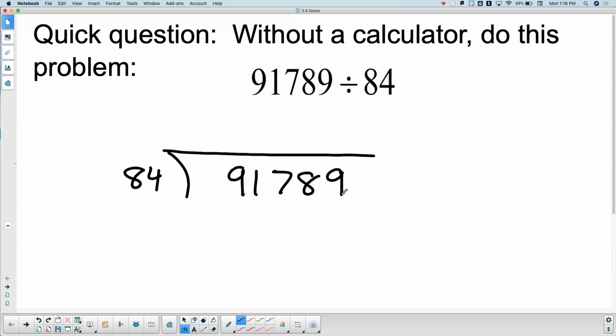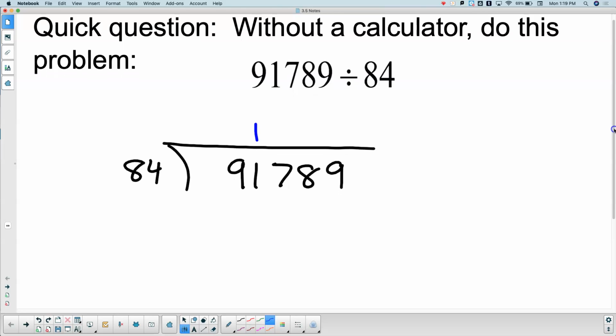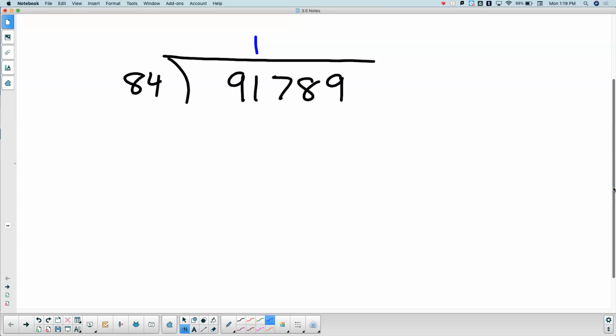So see how many times that 84 goes into 91? Okay, so how many times does 84 go into 91? 1 time. So I put the 1 above the 1, right? Okay, then what? Okay, and you said I subtract, and that gives me 7.